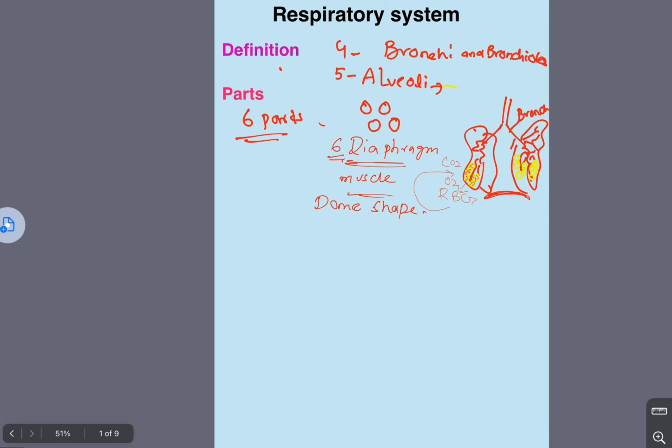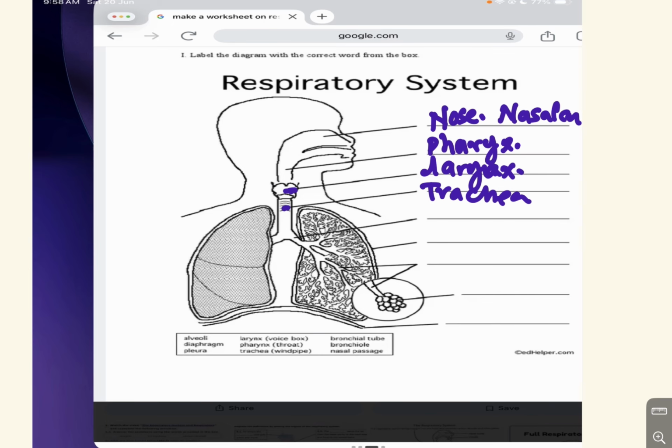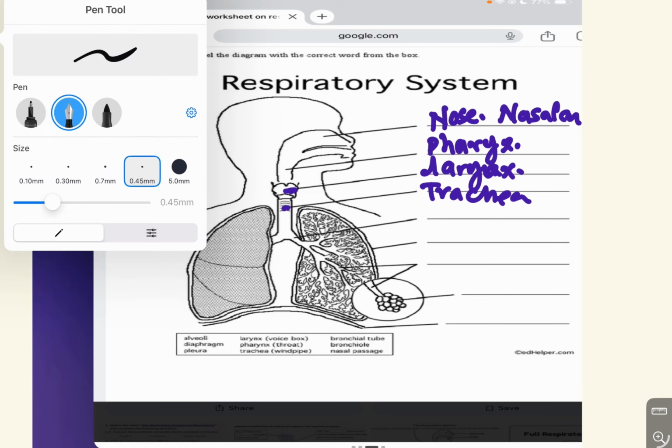Maybe it's not here. Or nasal cavity. From here we have the pharynx or throat, and then comes the larynx, or voice box. Then comes the trachea or windpipe.